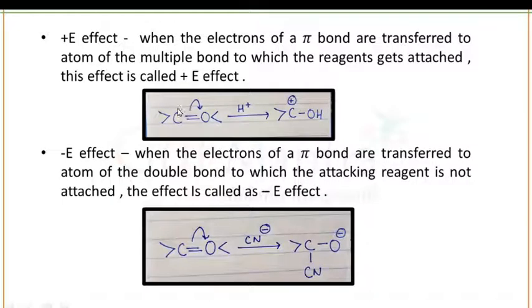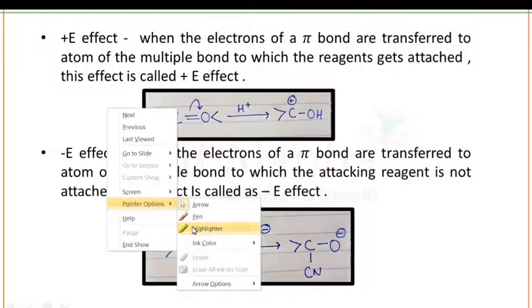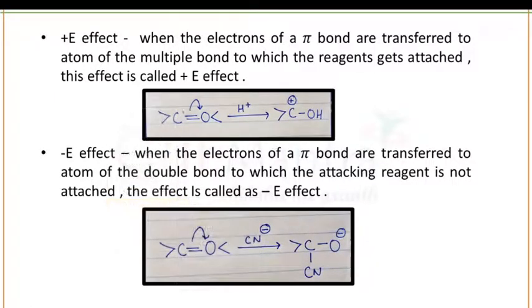So here positive charge will be generated and on oxygen negative charge will be generated. And as you can see here, the attacking reagent is your hydrogen ion, a positive species, and you know it very well.